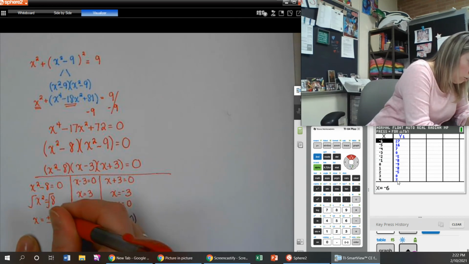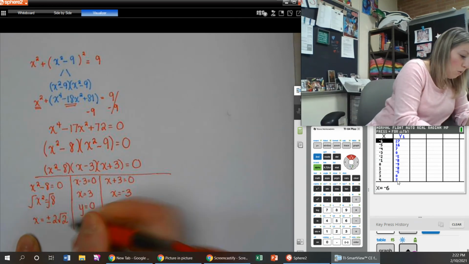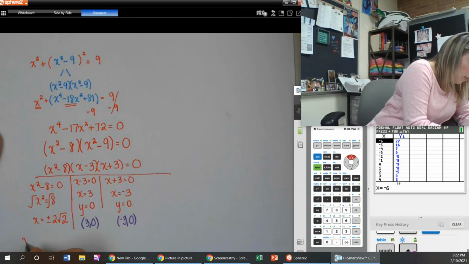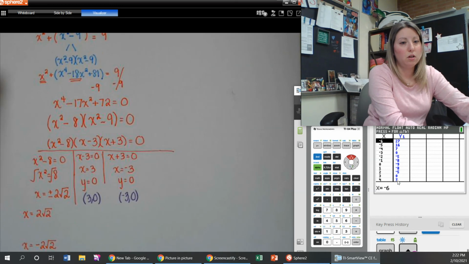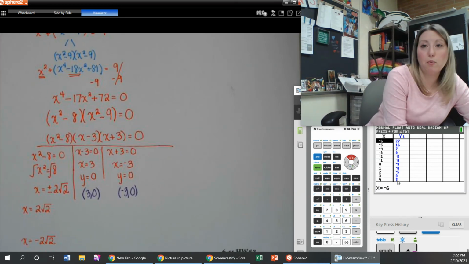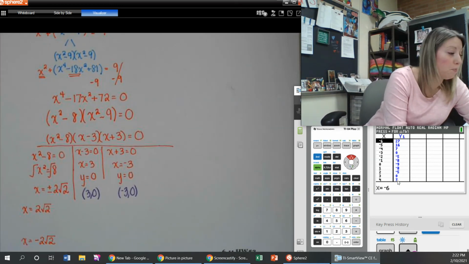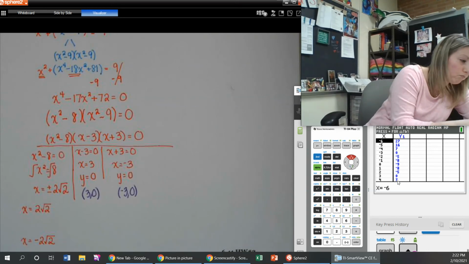Square root of 4 is 2, so 2 radical 2, which means I've got an x value of 2 radical 2 and an x value of negative 2 radical 2 that I have to plug into one of my two equations and find the matching y. I would pick the parabola.